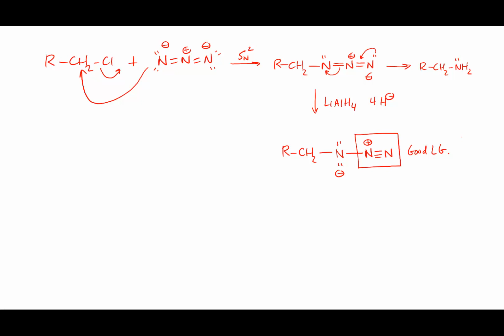It's actually a very good leaving group, because now if the H minus comes in, adds to this nitrogen, and the pair of electrons goes to that nitrogen, I end up forming, and again, this is a very awkward reaction, but it'll work.